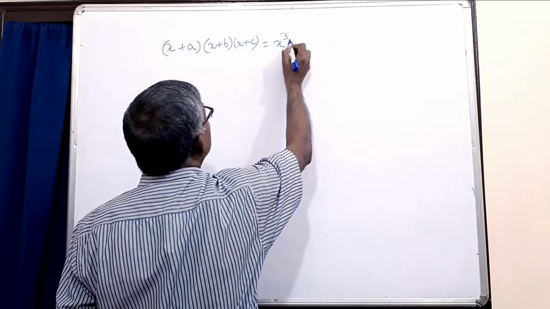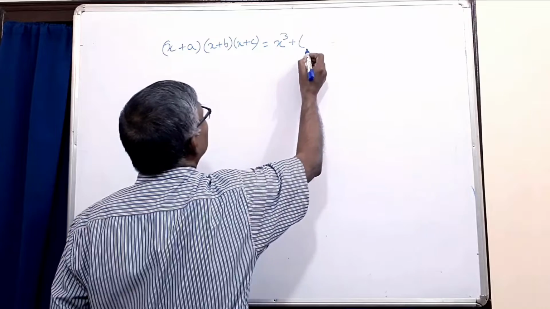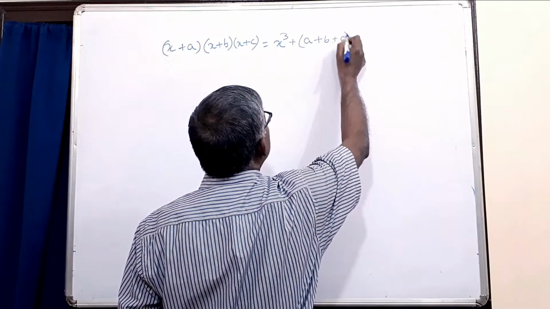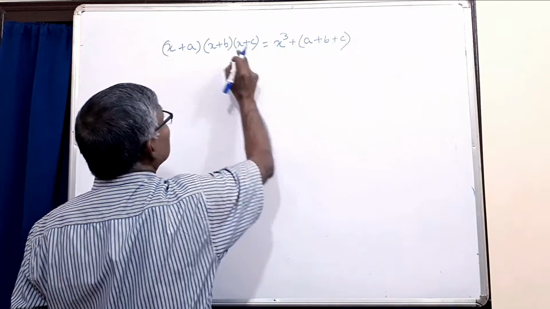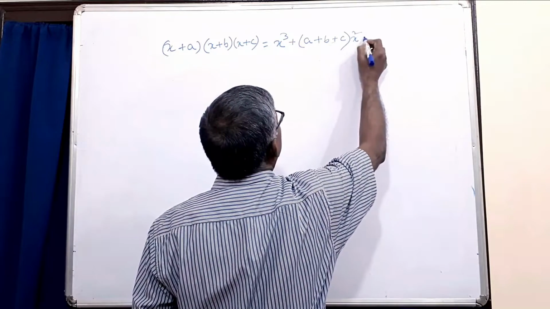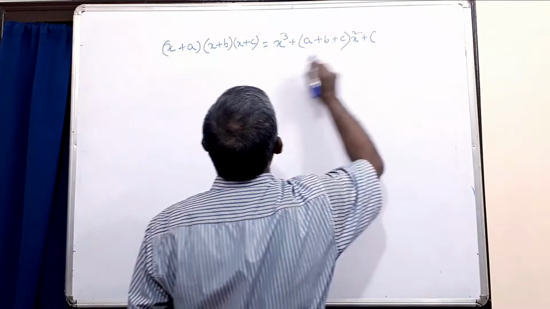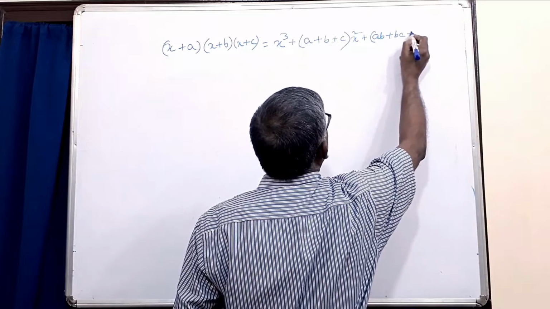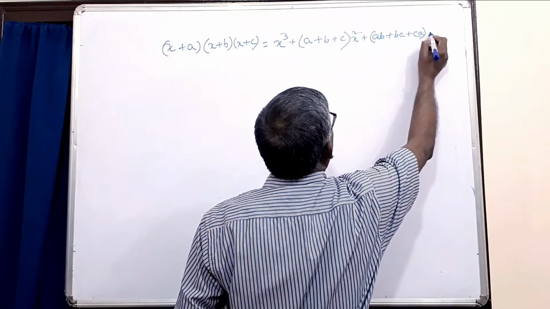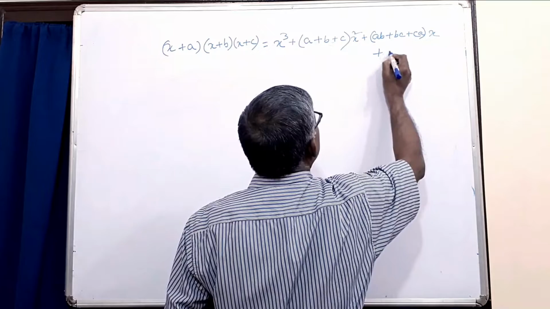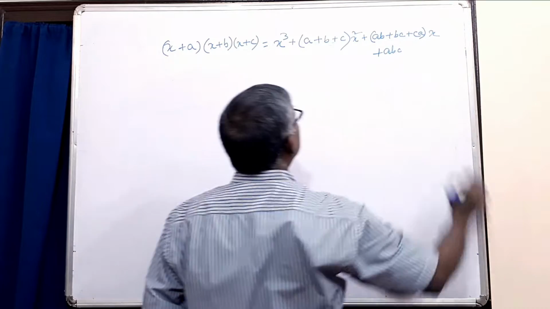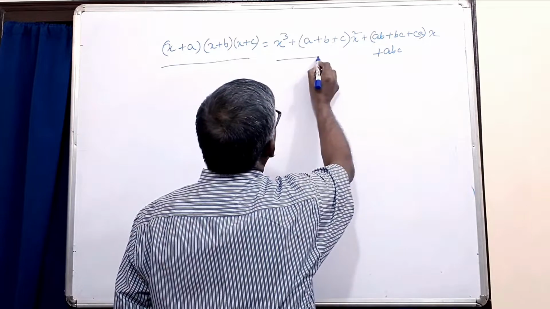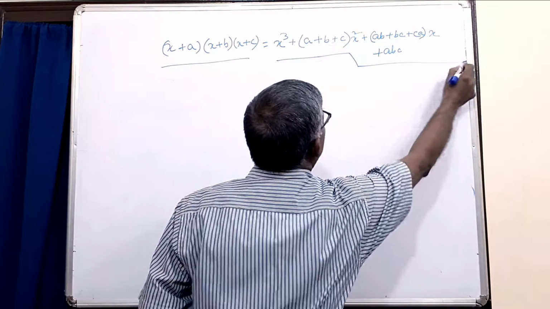So it will be x cube plus (a plus b plus c) into x square plus (ab plus bc plus ca) into x plus abc. You simply remember this. It is as good as a formula.